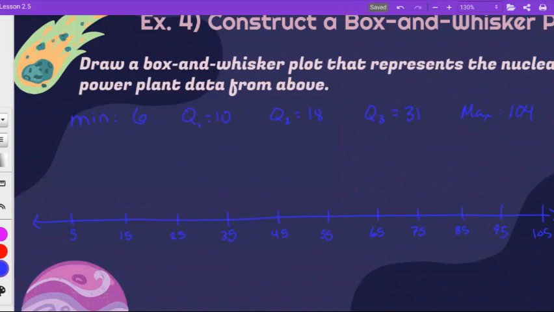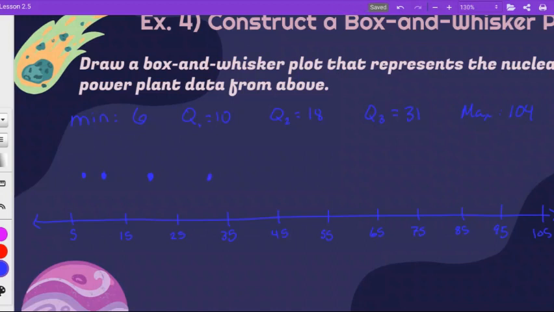And then what I do is I plot a point at my minimum, which is about 6. So that's somewhere there. The first quartile is at 10, which is somewhere about there. Okay. And then the median is at 18, somewhere around there. 31, somewhere around here.